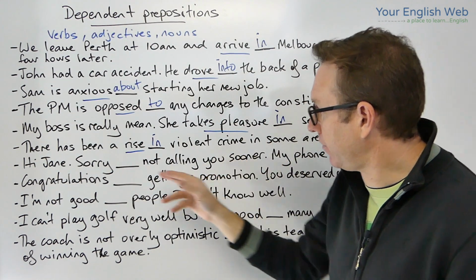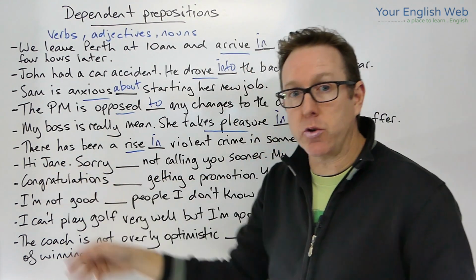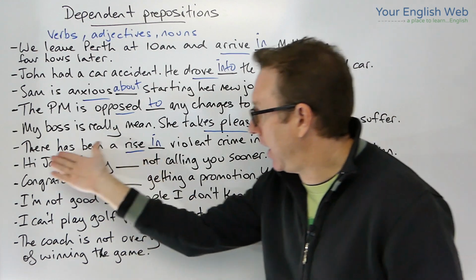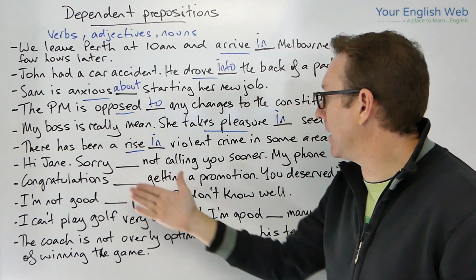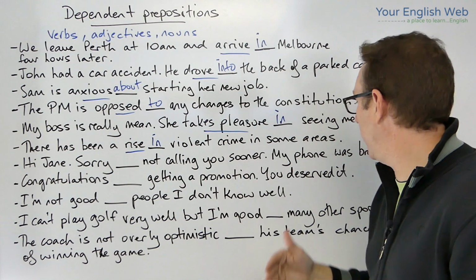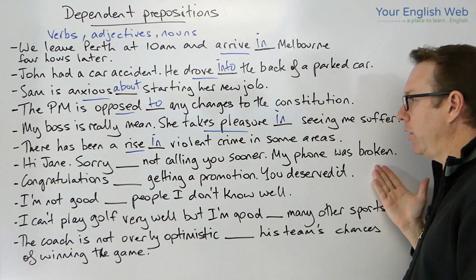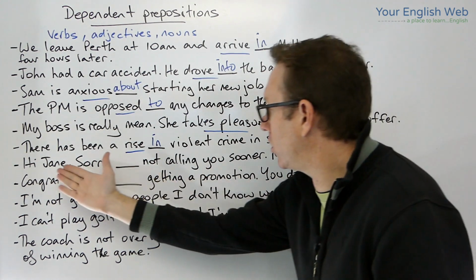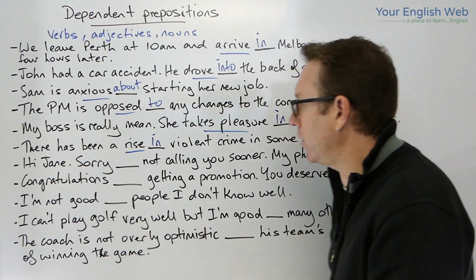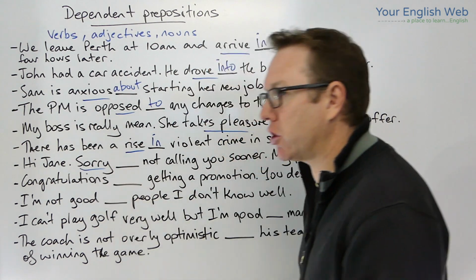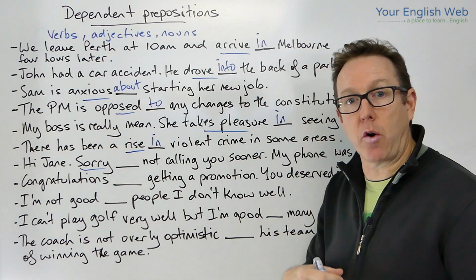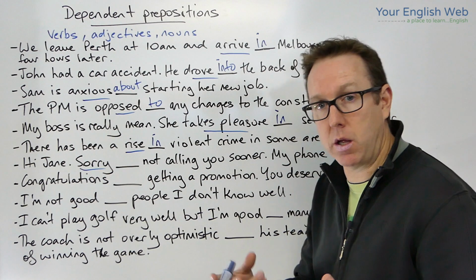Next one. You see Jane. You say, hi Jane. Sorry something not calling you sooner. My phone was broken. Sorry, which preposition do we use after sorry? Which one? Sorry for?